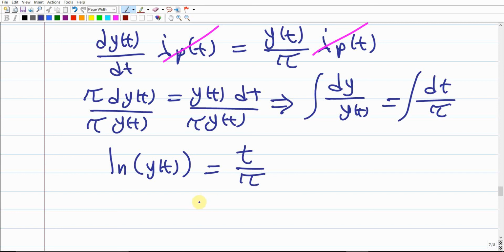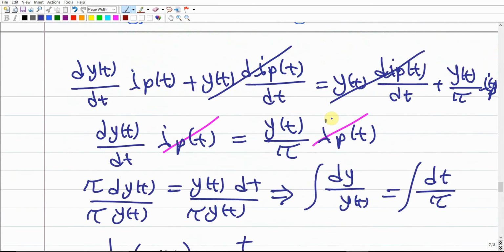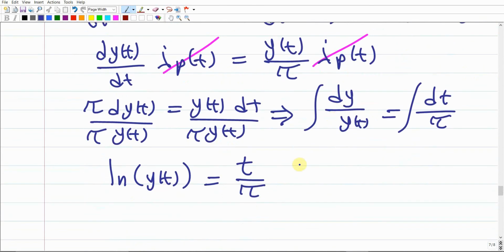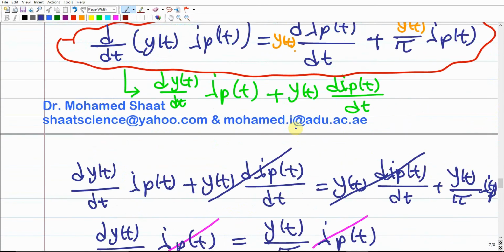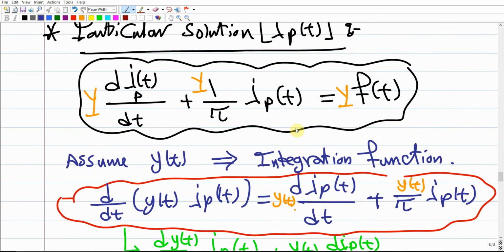Then, if we apply the exponential, there is no need to add a constant here. Why? Because we are solving for y, not solving for I. If we were solving for I, the current, we should add a constant of integration. But here we're just interested in the form of y of t. We are seeking this arbitrary assumed function to be plugged into this equation, right?